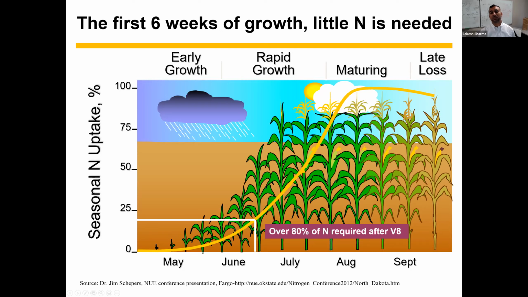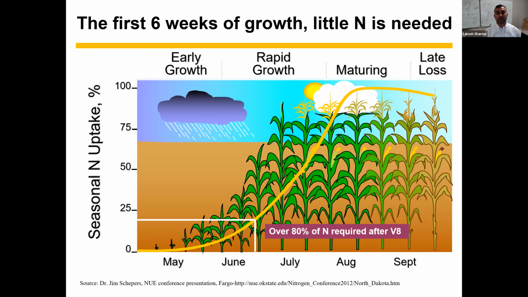In our case, we do lots of split applications, but we need to investigate what timing is the best for that big nitrogen application. We do splits across the corn growth cycle. Most of the growers are doing between 7 to 10 nitrogen splits.